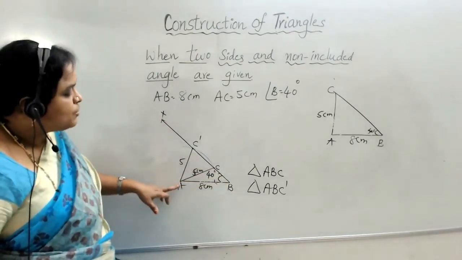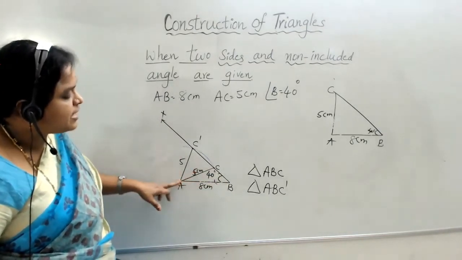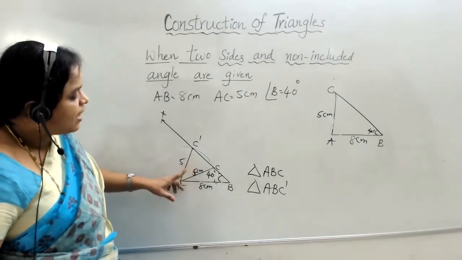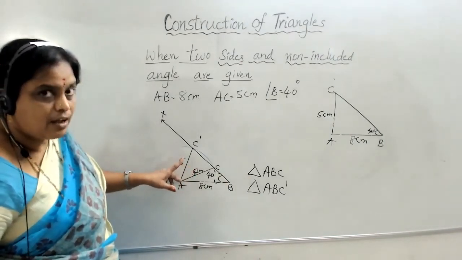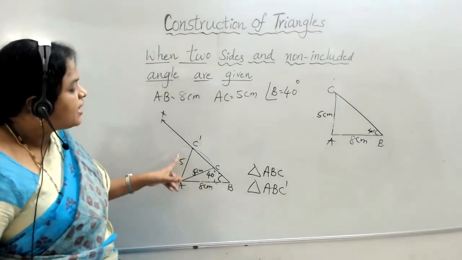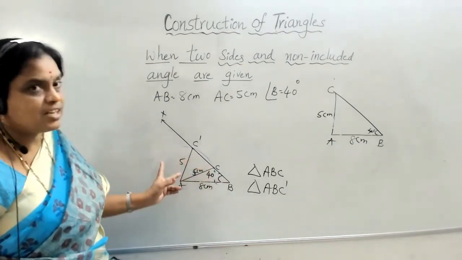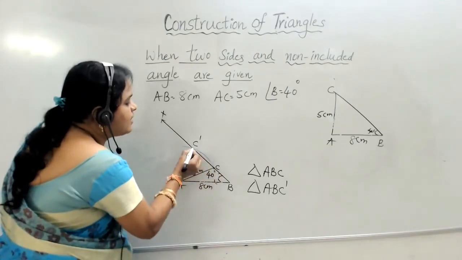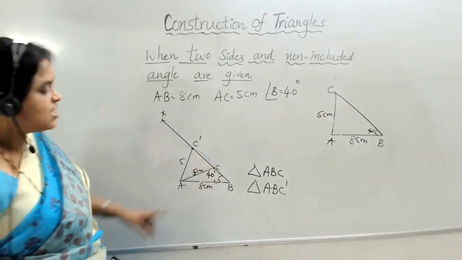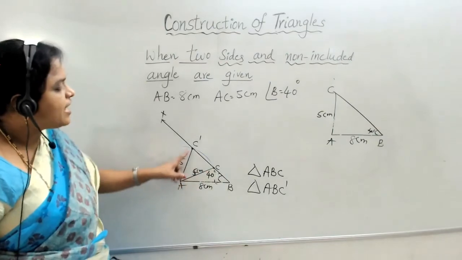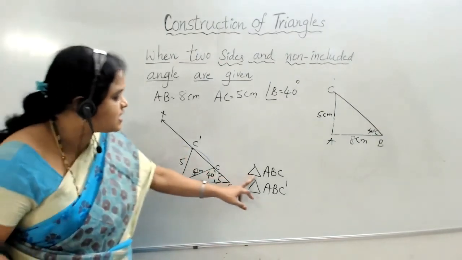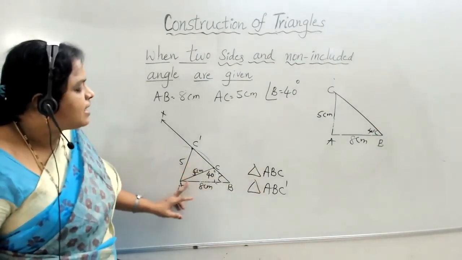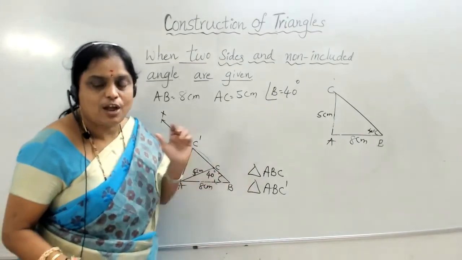Then take 5 centimeters as a radius and draw an arc; it will cut the ray at two places. One is C and another one is C dash. Join AC and AC dash. You will get two triangles, triangle ABC and triangle ABC dash. Like this you have to do.